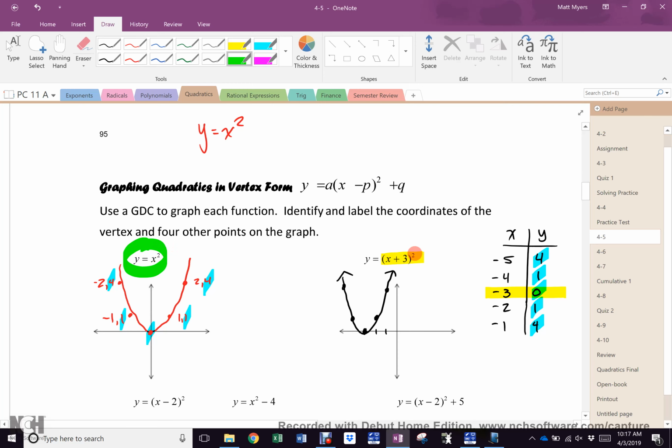Plus 3. Now notice up here, isn't this part of vertex form? So P is the shift, isn't it? That is our shift. Now, what does a negative mean? It means a lot of things in math.